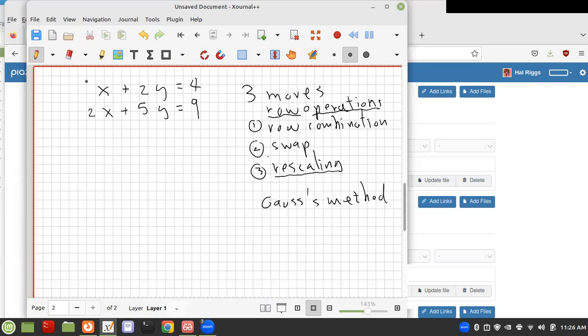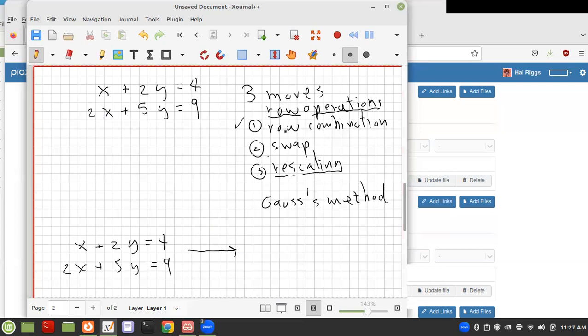Now, let me show you each of these row operations on this system. So I'm going to copy the system down here. We can transform this to a second, equivalent system. Let's do a row combination operation first.